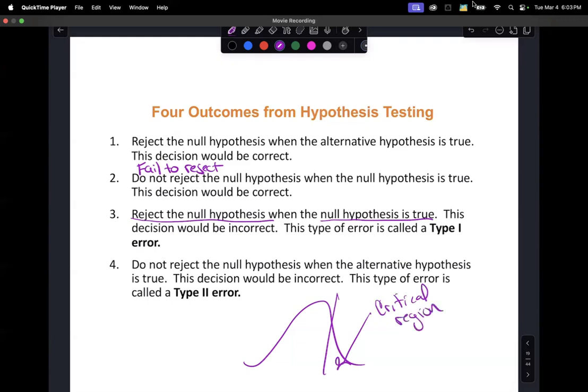The other one's probably safe region, but I don't think we've ever called it that, so don't call it that. Maybe I just made that up. I like it. I might use it. But that's a critical region because that's the area where I can't land out here and still have the null hypothesis be true. Right, so there's type 1 and type 2 errors.